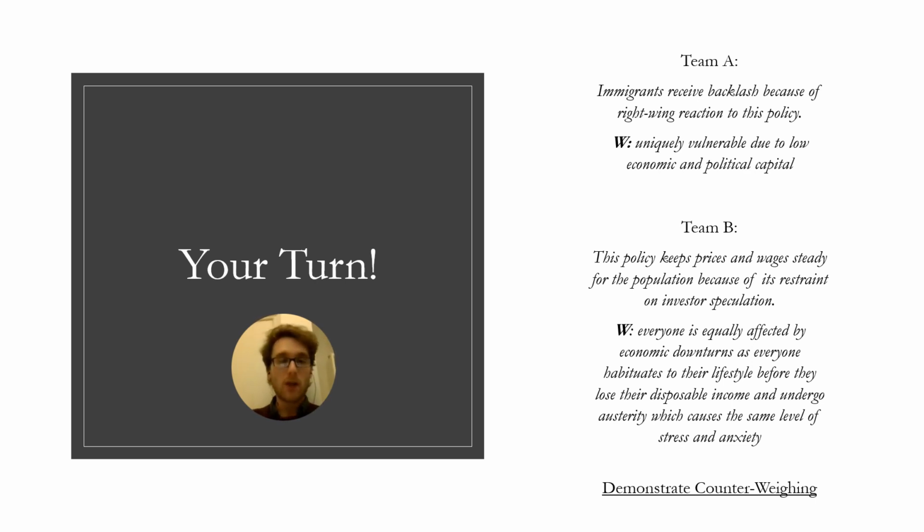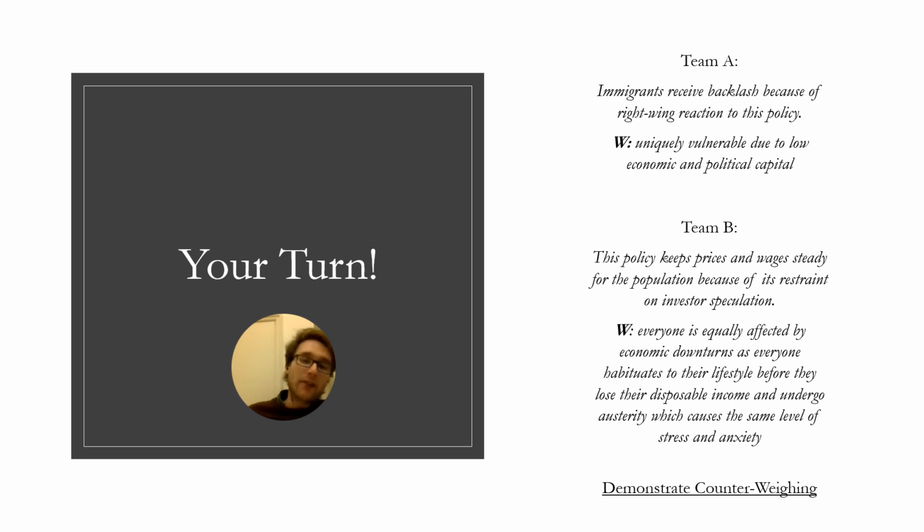Whilst people do habituate to a certain extent, there is a massive difference between no longer being able to have 3 Starbucks a week, now you only get to have 2 Starbucks a week, versus now you have to tell poor Jimmy he's not eating today. Both of these are the same difference, but it's just arguing the sigmoidal relationship, as in the equal deprivation to one person matters more than the same deprivation to another person, because of this exact weighing you've actually provided in Team A, which is that some people are more vulnerable.